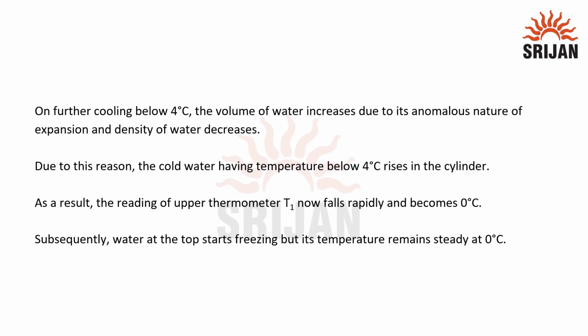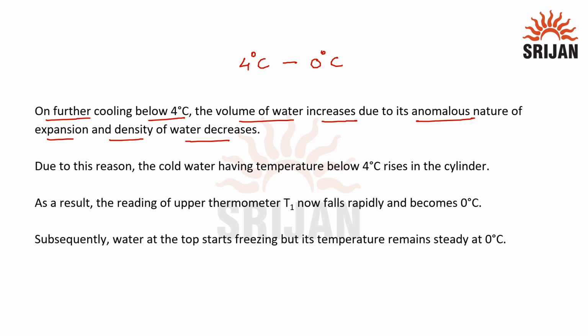On further cooling below 4 degrees Celsius, the volume of water increases due to the anomalous nature of expansion and the density of water decreases. That is, from 4 degrees Celsius to 0 degrees Celsius, on cooling further, its volume increases and its density decreases.